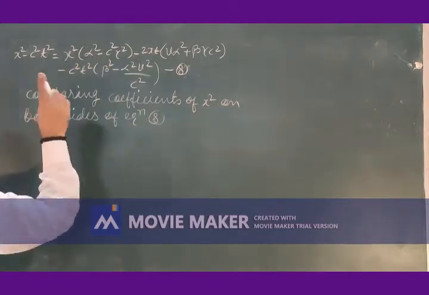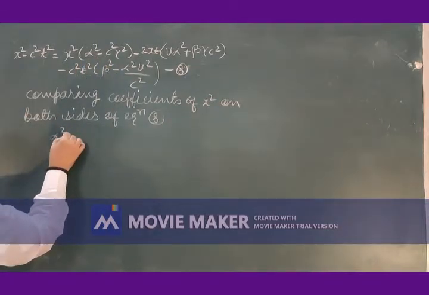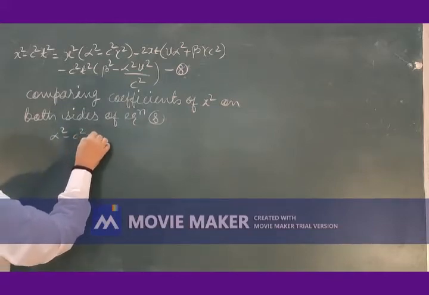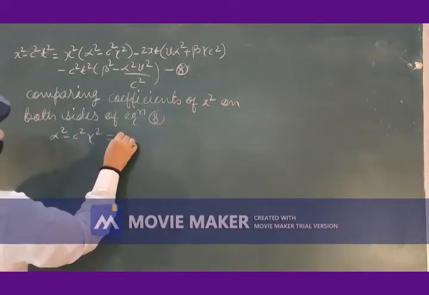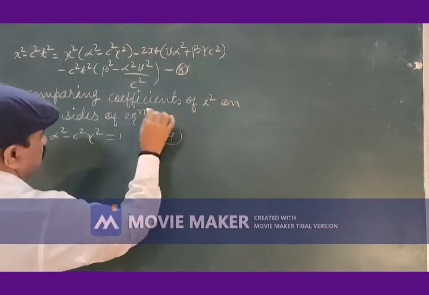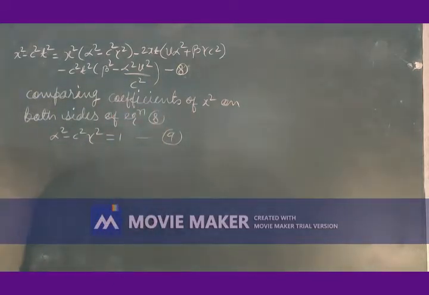This bracket is equal to 1. Alpha square minus c square gamma square is equal to 1. Equation number 9.